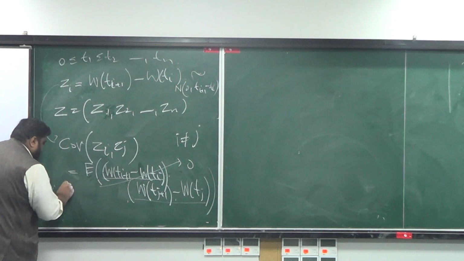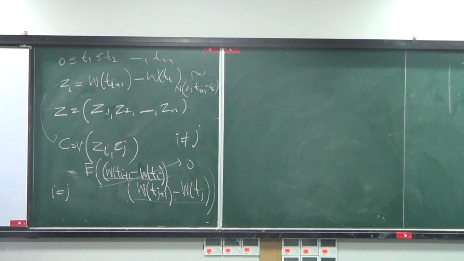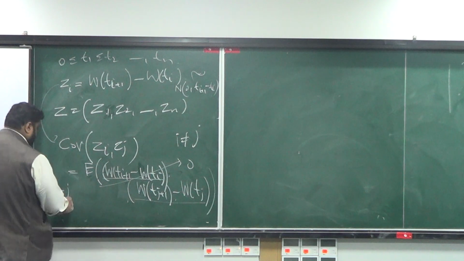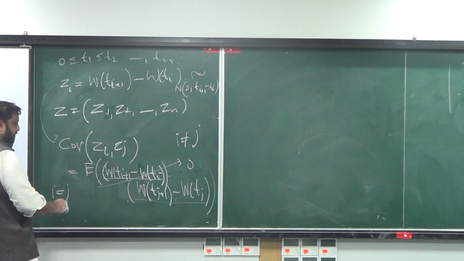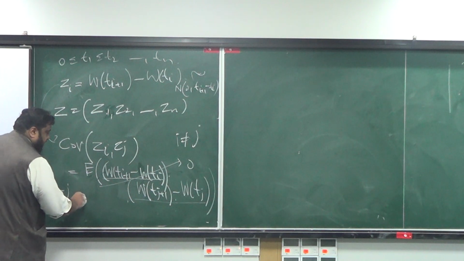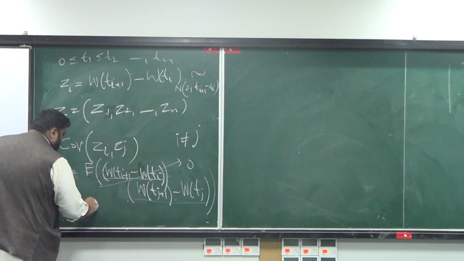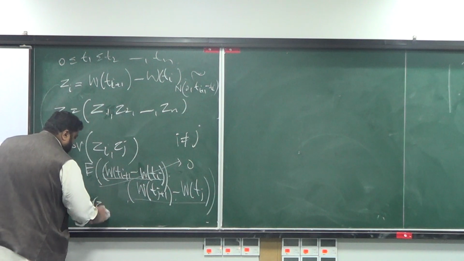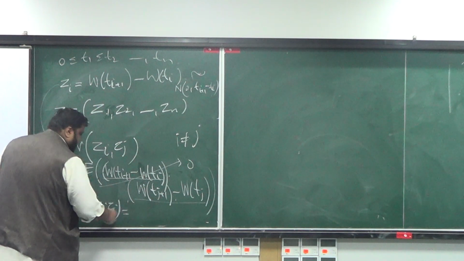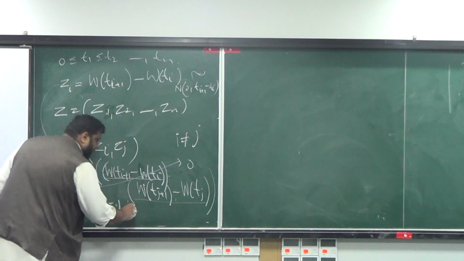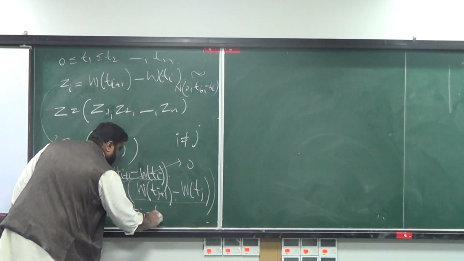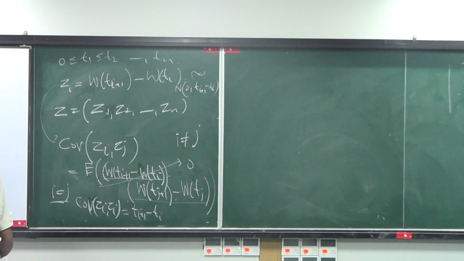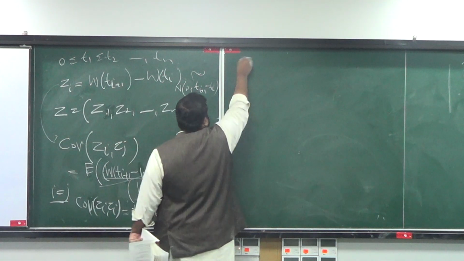What would be the case when i is j? There are two possibilities. It will be the variance of Zi, because if i is j, the covariance becomes the variance of Zi, which is equal to Ti plus 1 minus Ti. So can I say something interesting about sigma?